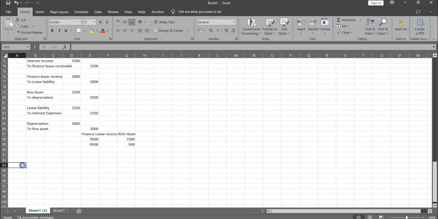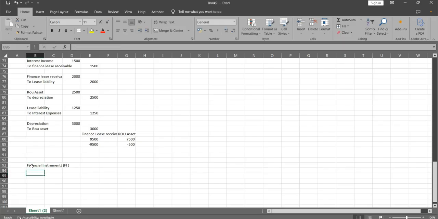Now we'll see how this will have an impact on our disclosure, because whatever entries we are posting at consolidation level will impact our disclosure as well. So we have a disclosure, financial instrument, FI note.